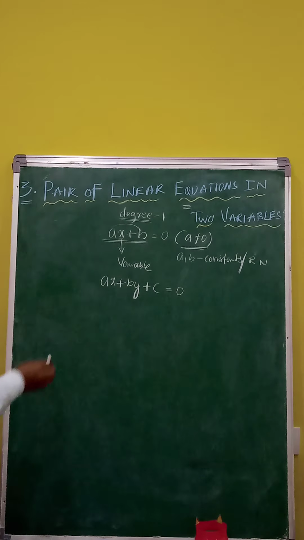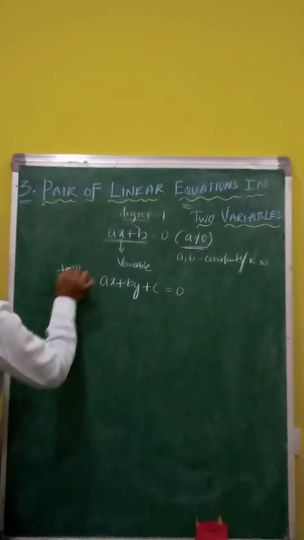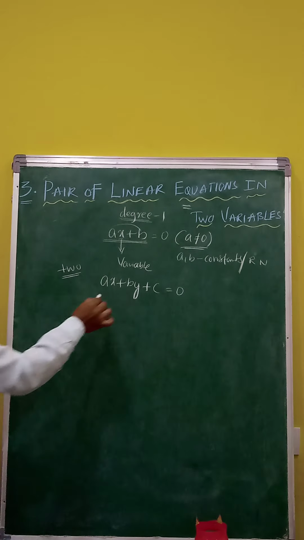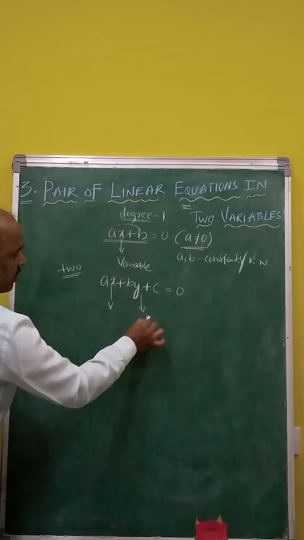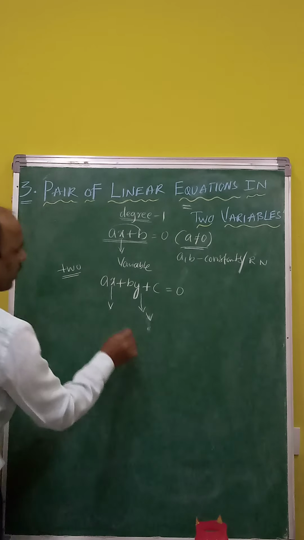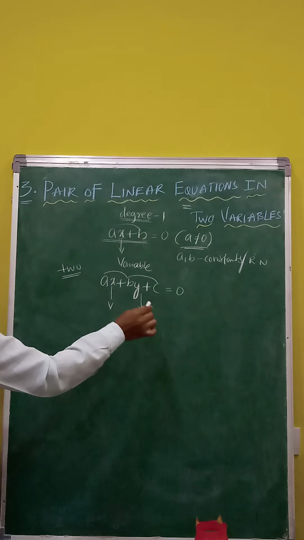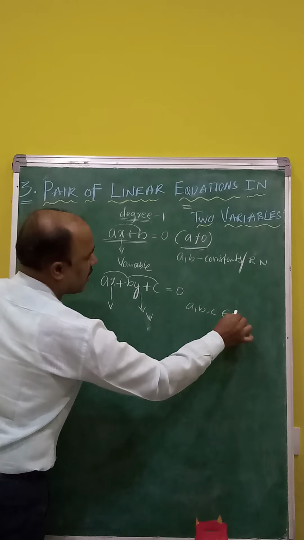Now, linear equation in two variables. What are the variables here? x and y, both are variables. And a, b, c belong to real numbers.